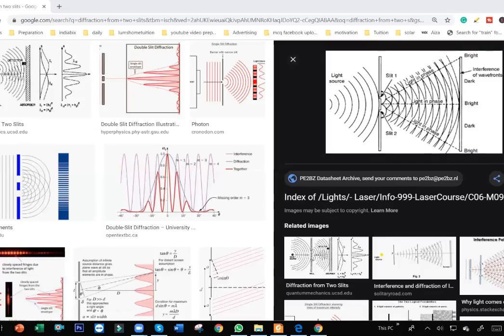Similarly here you will get bright light, but here you will get dark light, because there is destructive interference of this source light and this source light. And on this point, you will get bright.